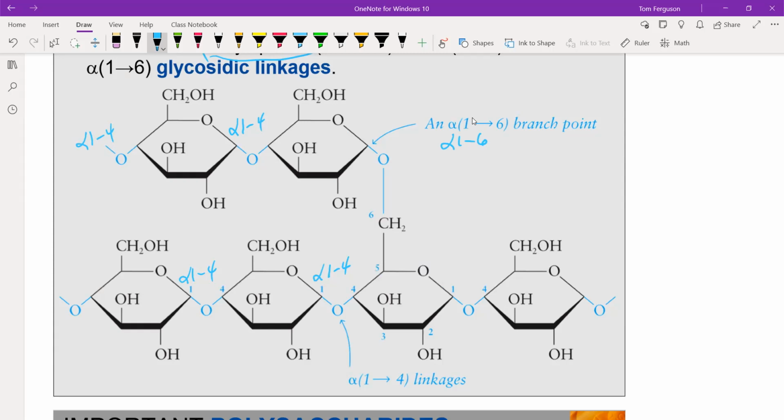So starch and amylopectin are very similar. Lots and lots and lots of glucoses with alpha 1,4 glycosidic linkages, plus the branching, the alpha 1,6 branching.